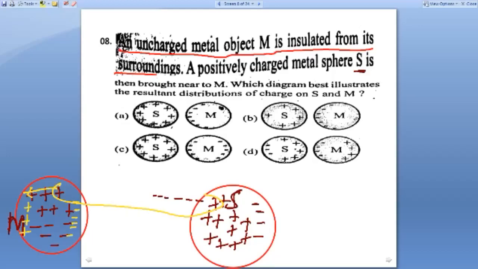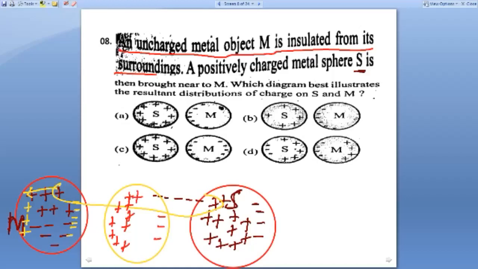So in this metal sphere, this side has positive charges, because there are more positive charges here. Now which figure is familiar with this one?